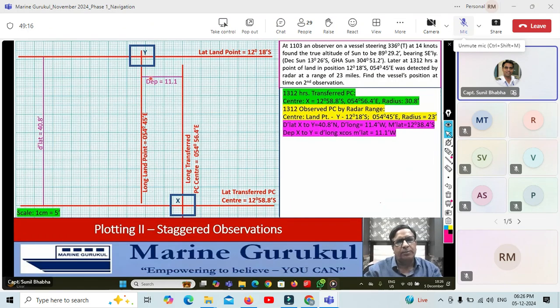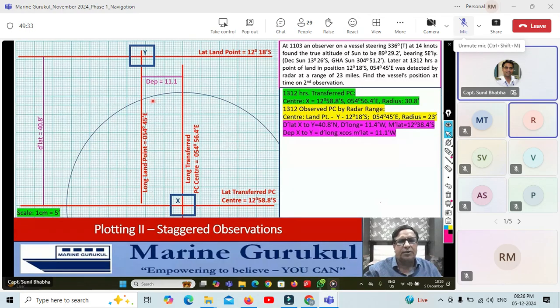So what we have done, we have plotted point X and Y. Now with point X as center and radius of 30.8 miles, using the scale of 1 centimeter equal to 5 miles, we draw the transferred position circle.